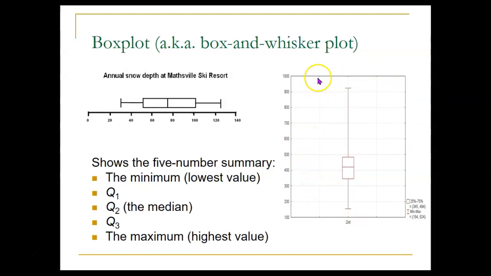But these box plots are based on what's called the 5-number summary of a list of data values. And the 5 numbers that make up that 5-number summary are the minimum or lowest value of all the numbers, and then the 3 quartile numbers, Q1, Q2, and Q3, which we talked about in the last section, and then the maximum or the highest value in your list of numbers.